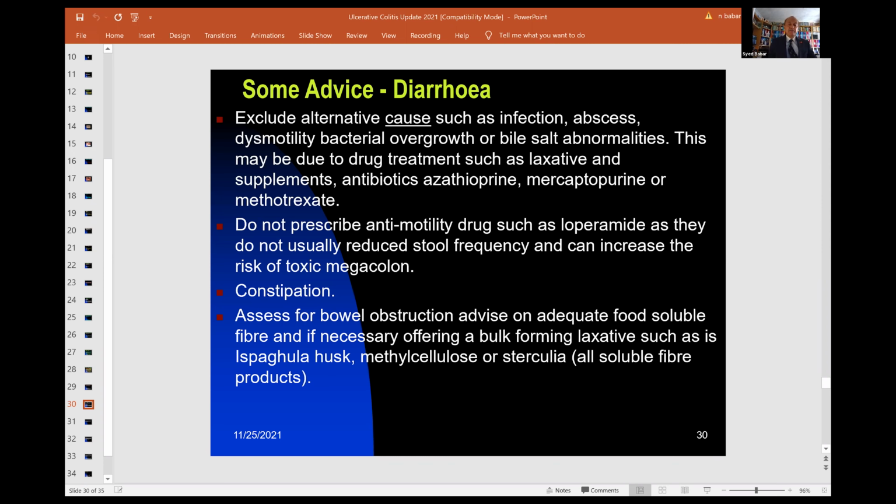And similarly, one should not prescribe irritant purgatives because that would perforate a megacolon. Bulk-forming laxatives such as ispaghula husk, which was popularized by Abu Ali Sina, also called Avicenna, many hundreds of years ago, methyl cellulose causing bulk, or sterculia, which is soluble but condenses into a gel in the bowel.